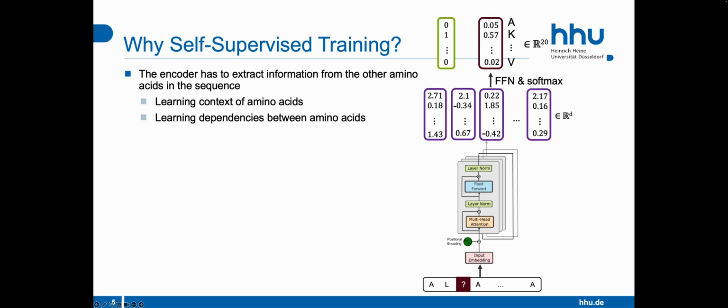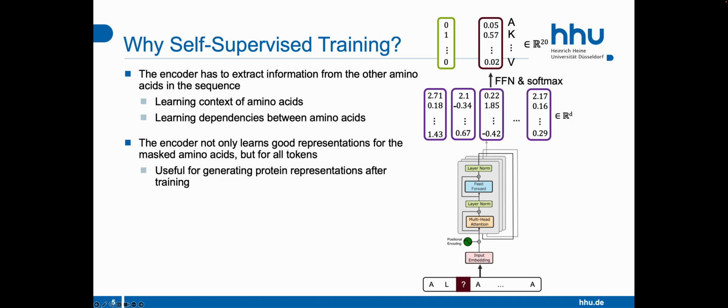And although we trained the model directly only to generate useful representations for the masked tokens that we can then use for predicting the type of amino acid, to accomplish this task, the model must also generate informative representations of the other tokens so that we can easily extract information from them when we try to gather useful information about the masked token.